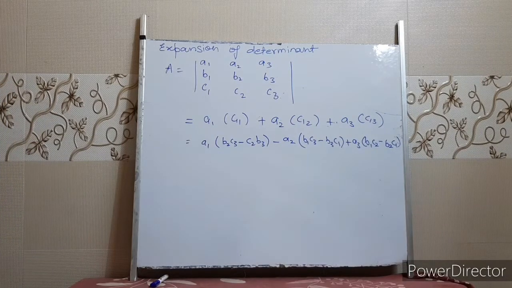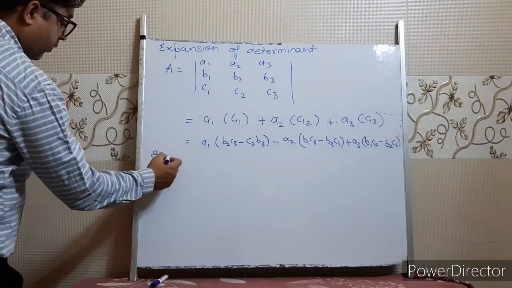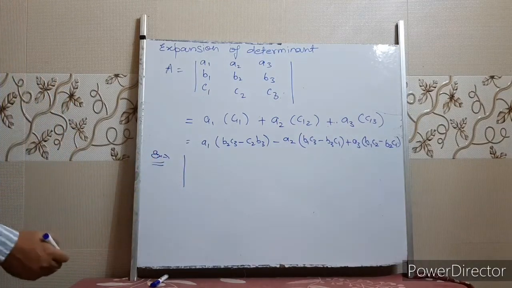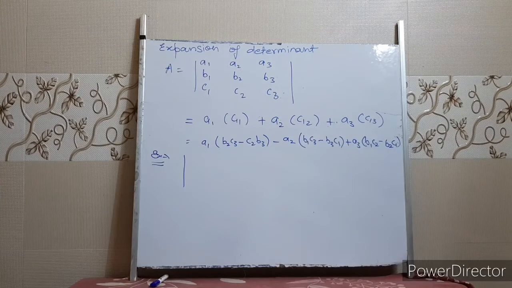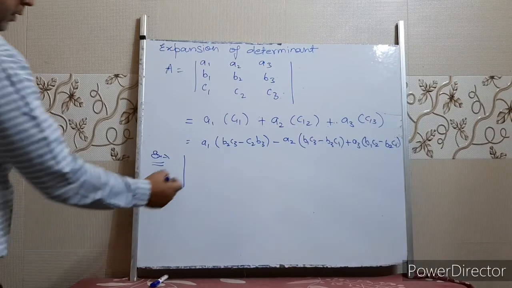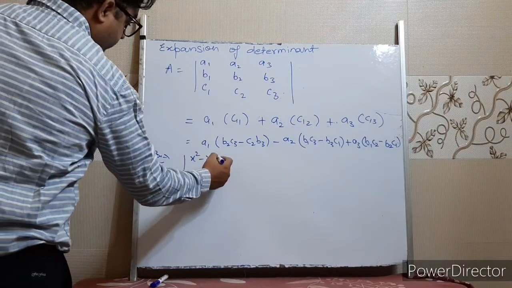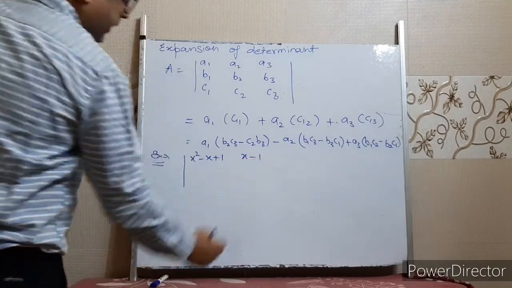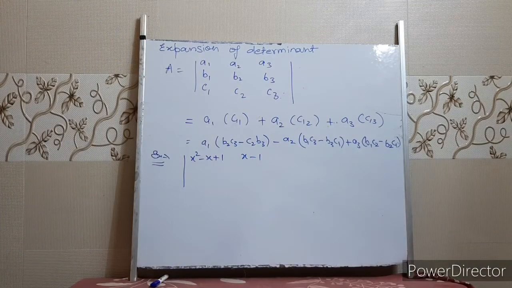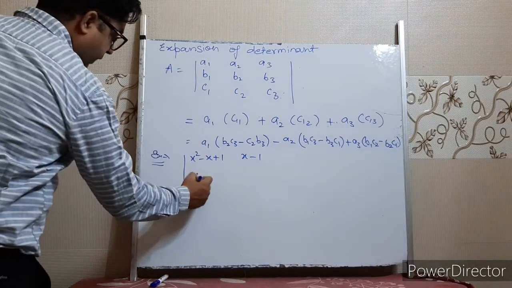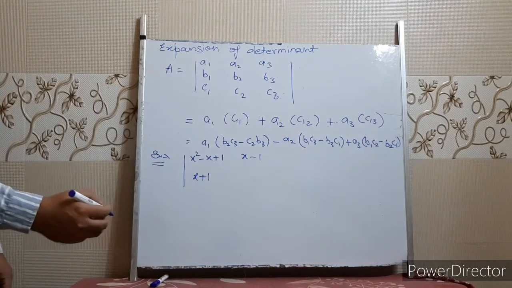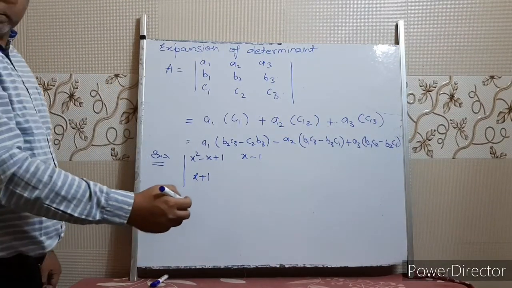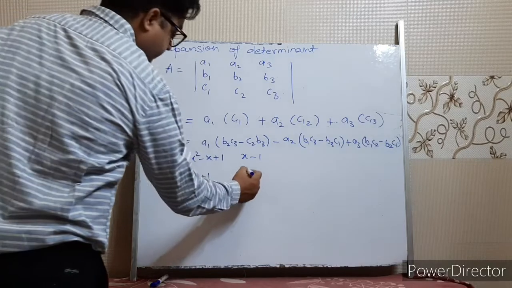Okay children? Now you can see one sum here, one example for expanding the determinant. It is like x square minus x plus 1 into x minus 1. Here we are having x plus 1 and here we are having x plus 1 again.